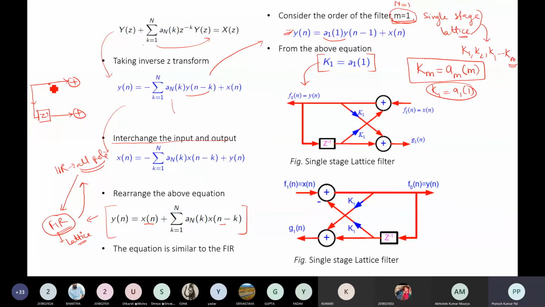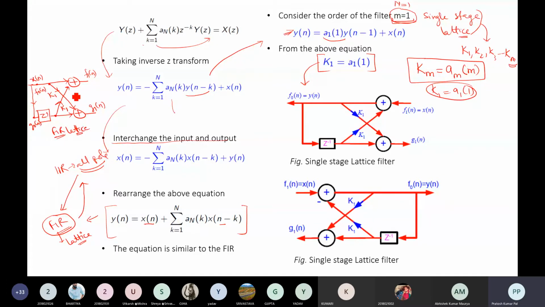From there will be a line to this adder, and from here a line to this adder, and it will have a multiplication factor of k1. Similarly, this will have a multiplication factor of k1. So this will be your f1 of n, this is g1 of n, and this node is called x of n, that is equal to f0 of n, and this point is called g0 of n. Okay, so this is in the case of the FIR lattice.